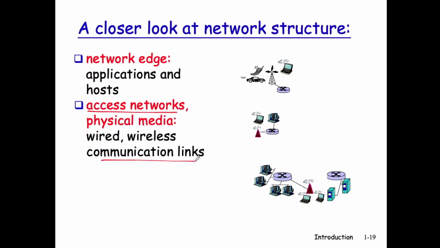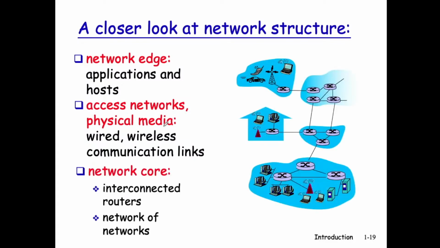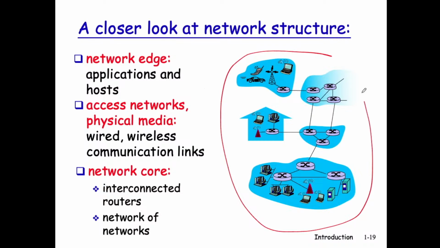They can be wired or wireless, through different kinds of physical media technology. And then finally, reaching the core of the internet, which is essentially interconnected routers. With all these together, we see the internet is a loosely hierarchical network of networks. All right, so this is the internet.